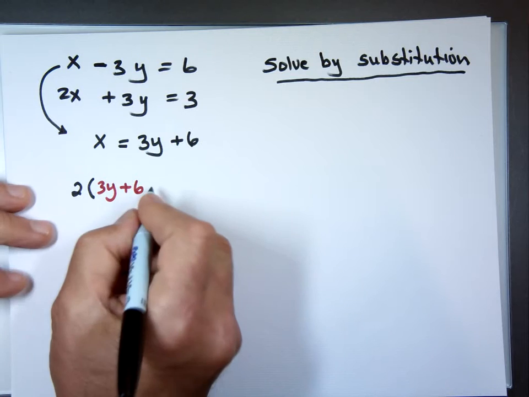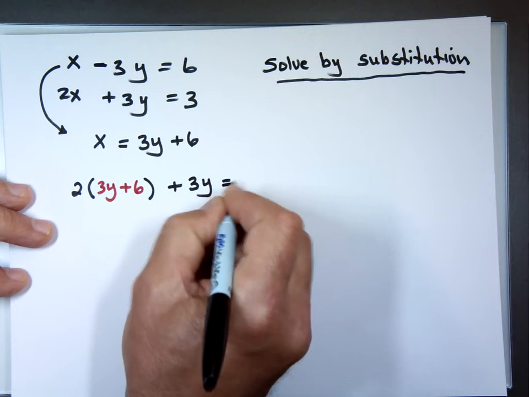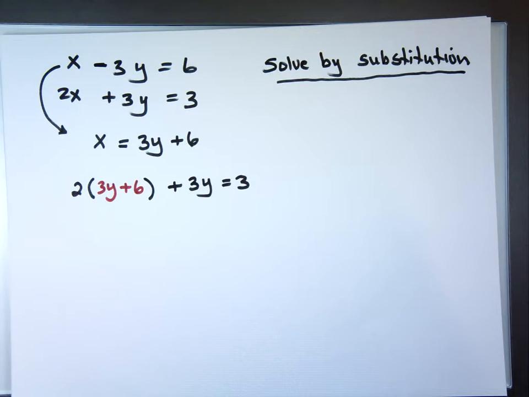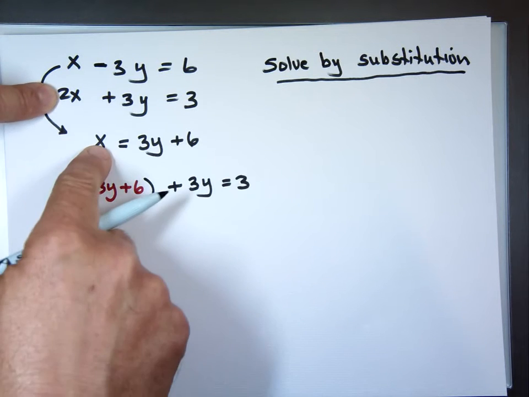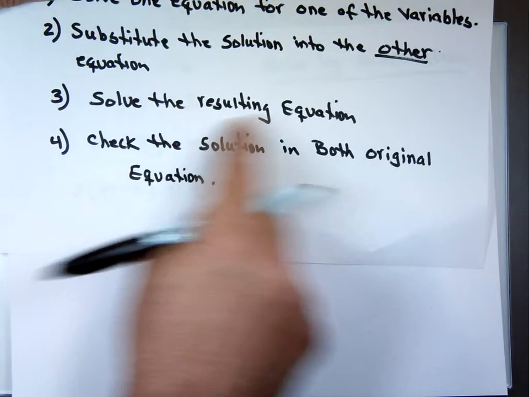Substitute that value in the other equation, the value of x, 3y plus 6. And step number 3, solve the resulting equation. Now solve that one.